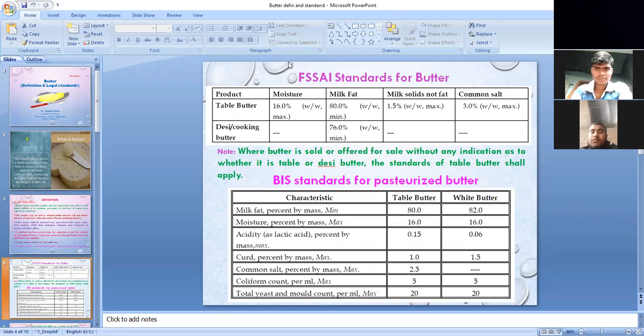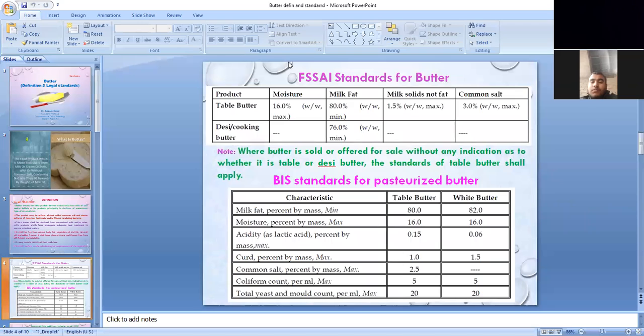Similarly, acidity is generally measured in terms of lactic acid, and the acidity of table butter is 0.15, whereas in the case of white butter, the acidity in terms of lactic acid is 0.06%.